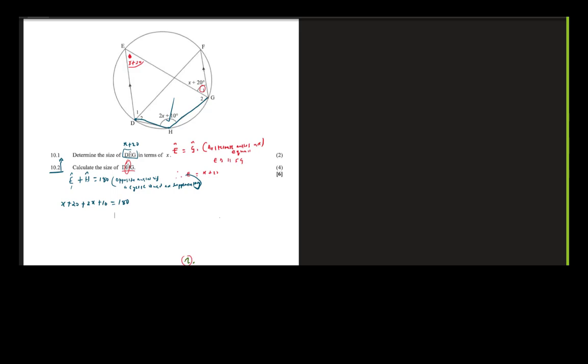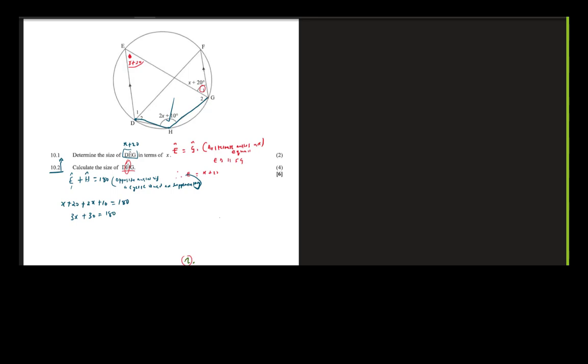Good. We group like terms. x plus 2x is how much? So I can say 3x plus 30 equals 180. I've grouped 20 with 10 and said it's 30. Now, what can we do from 3x?